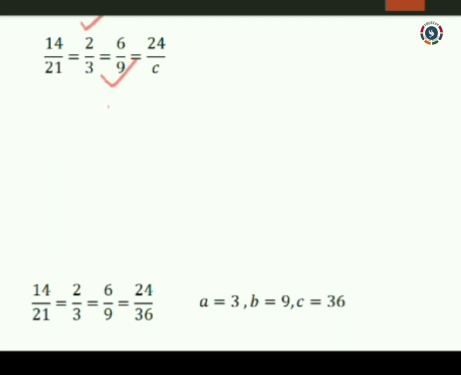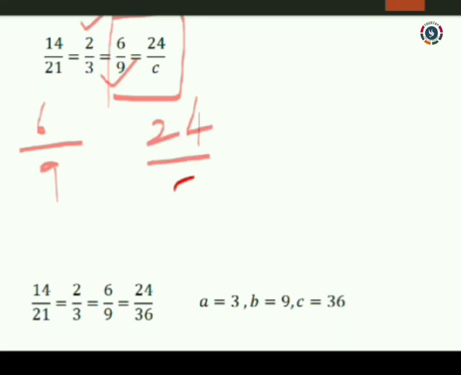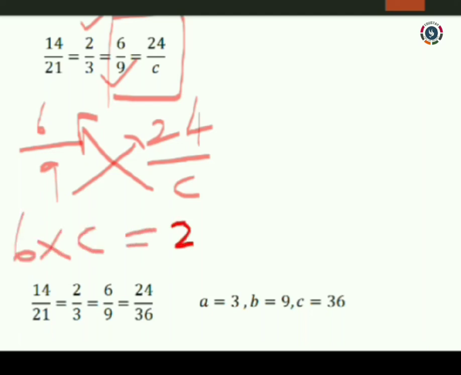Now we are going to find the c value. For finding the c value, you have to compare these two fractions. So 6 by 9 is equal to 24 by c, right? So do cross multiplication. 6 into c is equal to 24 into 9. 6 into c is 6c. 24 into 9 is 216.